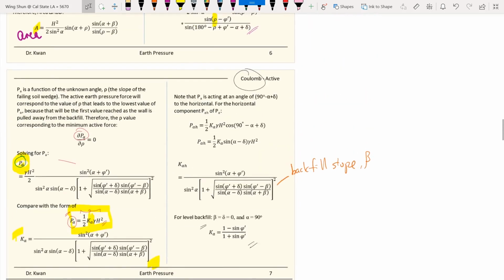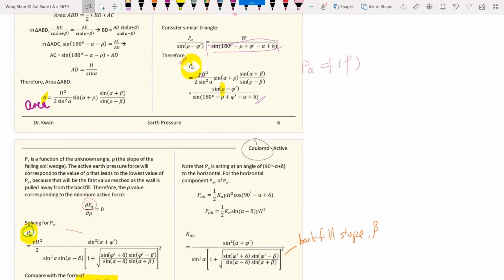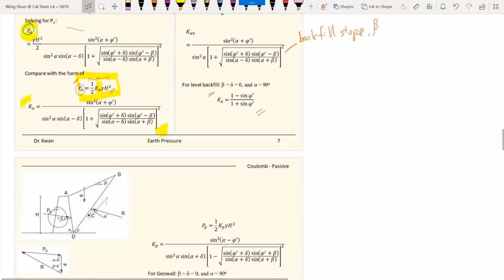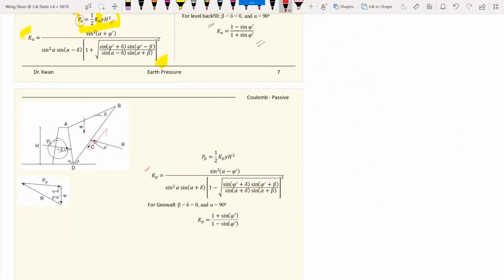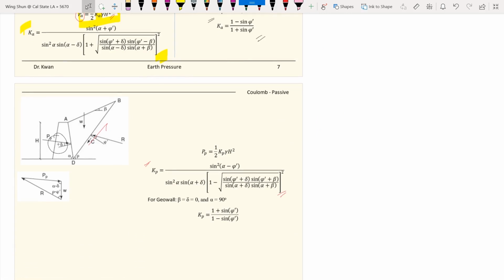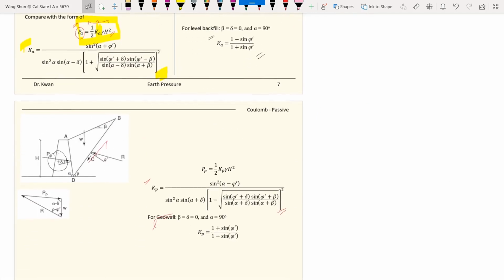Now, if we go through a similar mathematical exercise, then we should be able to solve for the case of P, the passive Coulomb theoretical earth pressure. So the case of P, and then for the case that you have a level backfill and also a right-angle retaining wall.